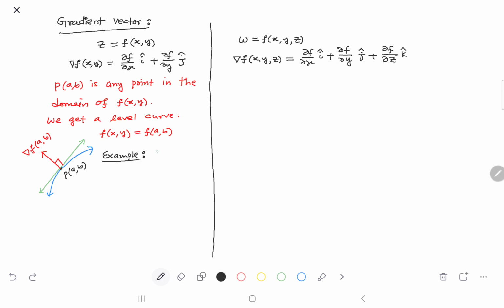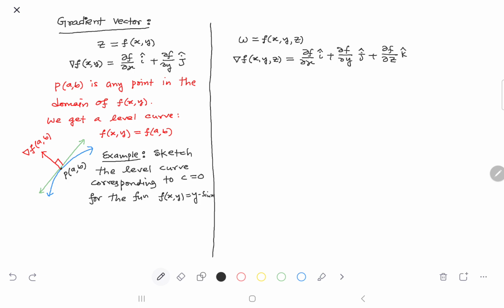So here is the question: sketch the level curve corresponding to c equals 0 for the function f of x y equals y minus sin x.